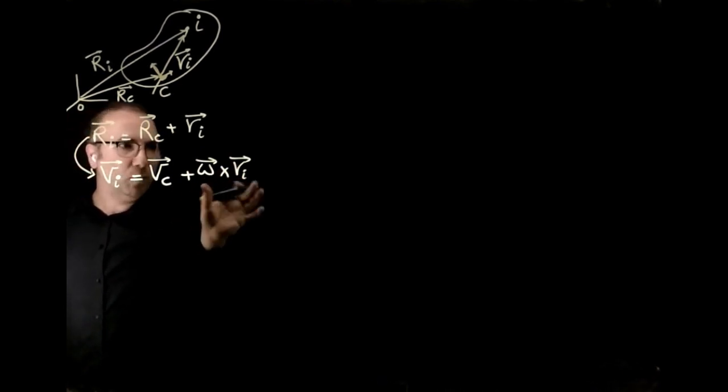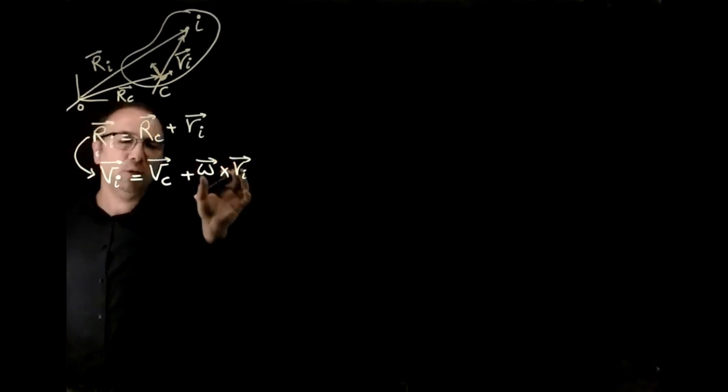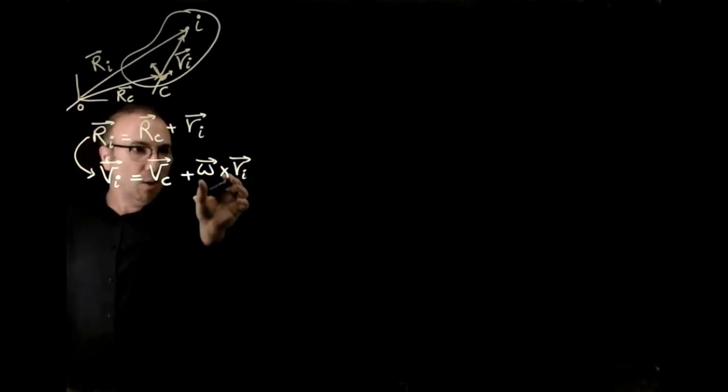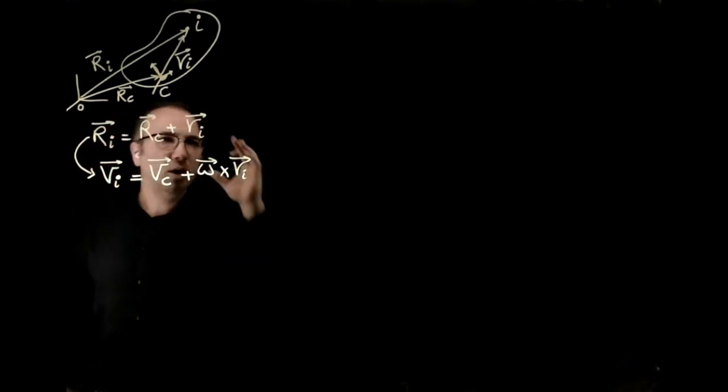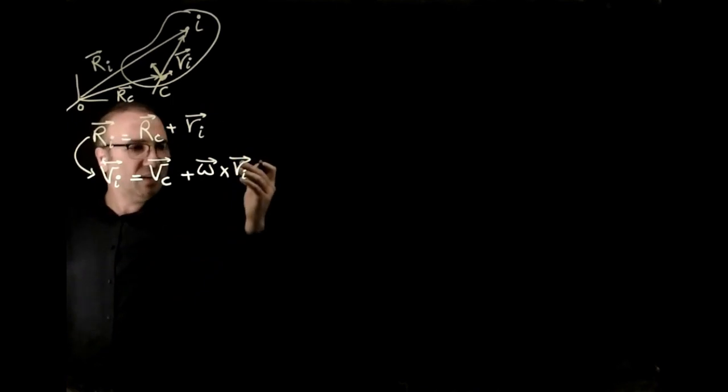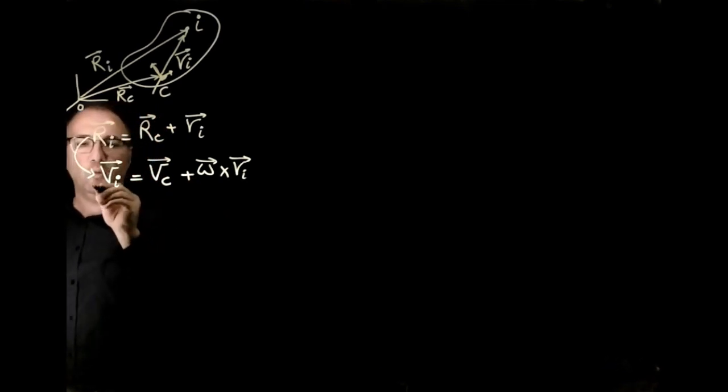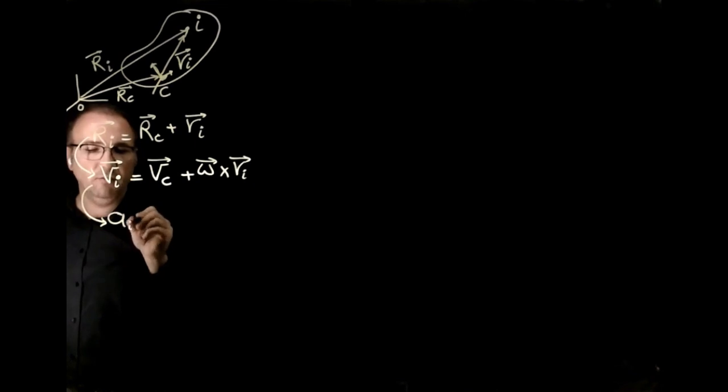There is another video explaining why rotation matrices become vector cross product, so you can watch that video. But if you can accept that the rate of change of ri would be omega cross ri, we can move forward.